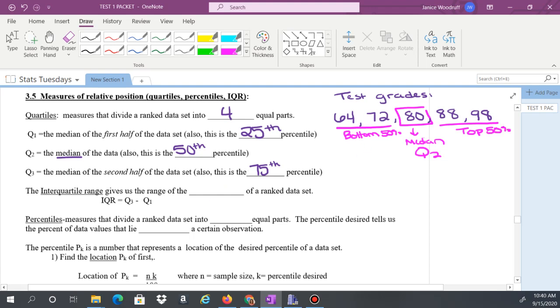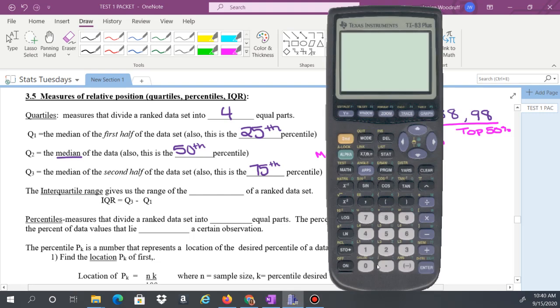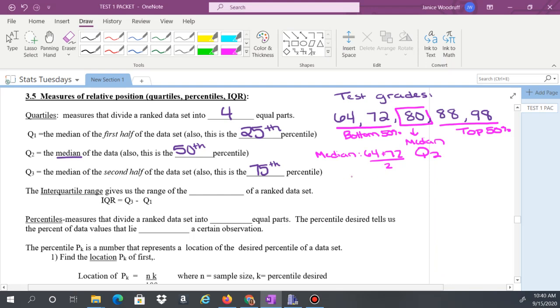Let's go ahead and find the median of the bottom half. For 64 and 72, we would do 64 plus 72, and then divide by 2. So 136 divided by 2 would be 68. That would be my quartile 1, the median of the bottom 50%.